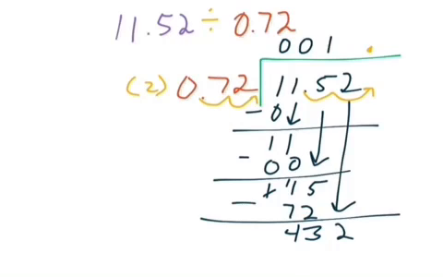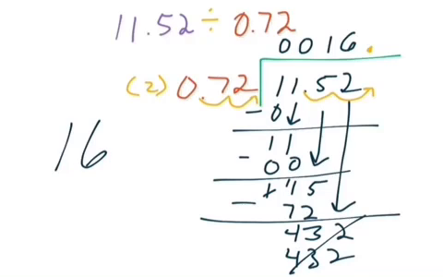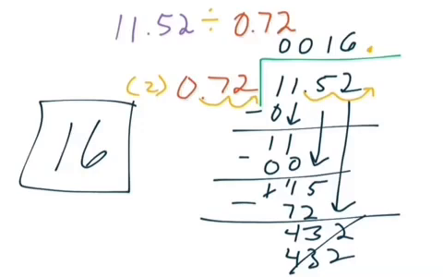Some long division here, but if you do it out all the way, it goes in, I believe, evenly 6 times. 72 times 6 is 432. It's even, so when we divide, we would say that the answer is 16. 0.72 goes into 11.52 16 total times, making sure we moved our decimal the correct amount of spaces.